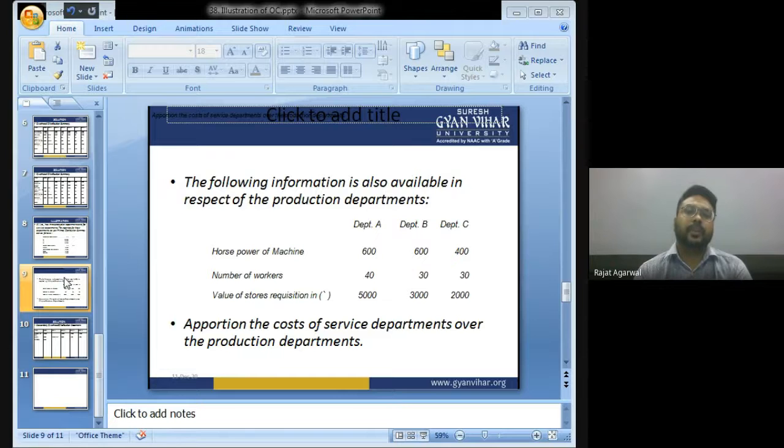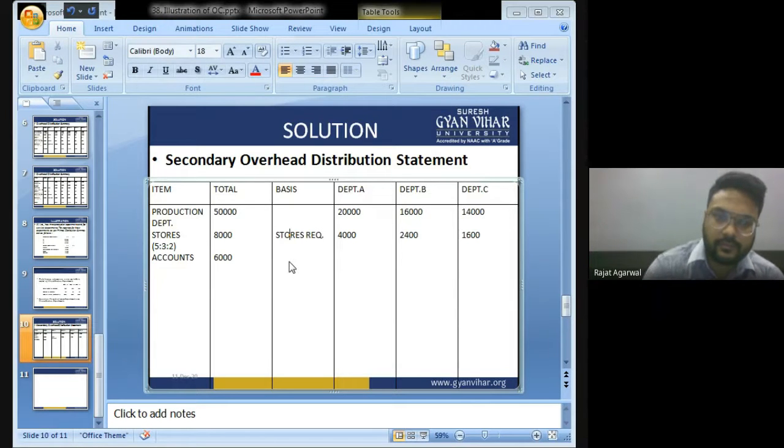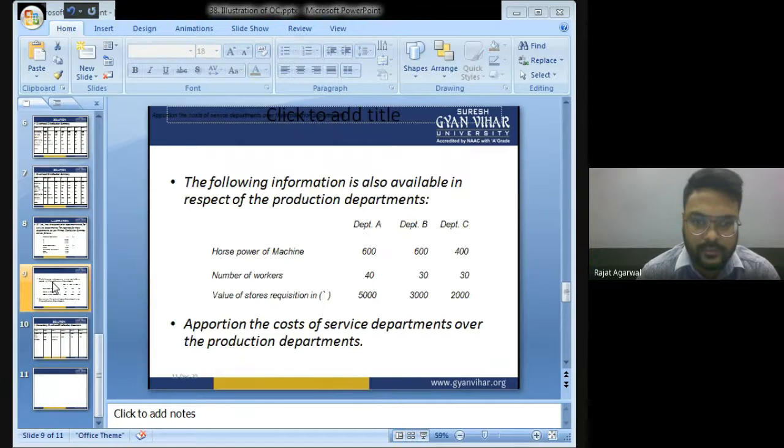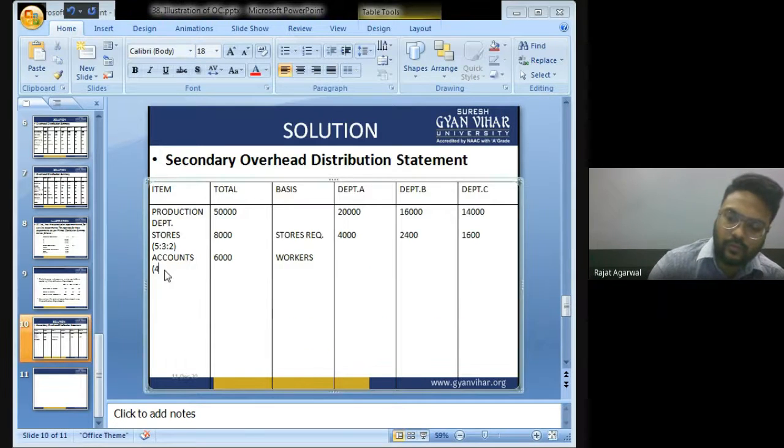Accounts will be distributed on the basis of number of workers. What is the ratio of number of workers? 4 is to 3 is to 3.